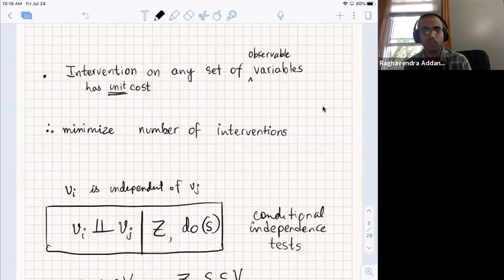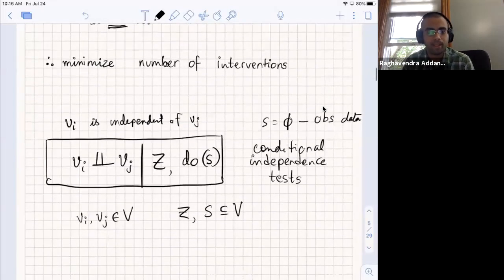S could be empty, then we are just testing over observational data. Z and S are once again subsets of the observable variables.